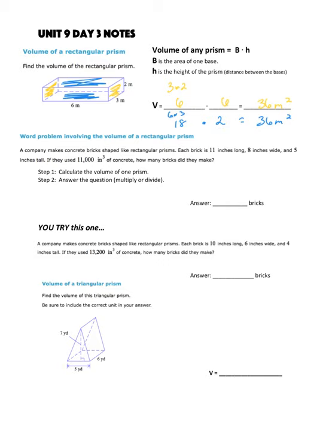Alrighty, now we're going to do word problems. So you've got a company making concrete bricks shaped like rectangular prisms. Each brick is 11 by 8 by 5. Now, I'm going to show you something else. You can draw a picture. Drawing a picture is never a bad thing.